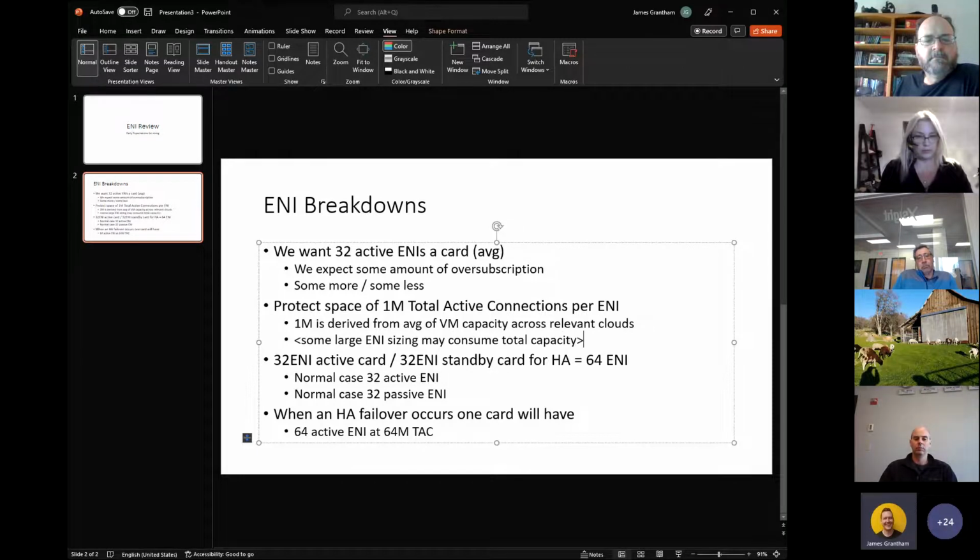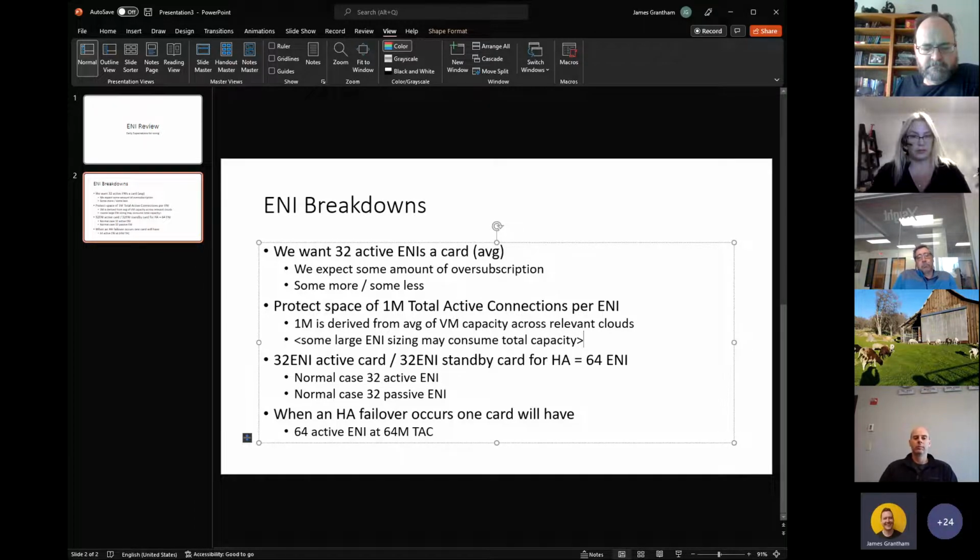So if you want to take 32 or 64 million total active connections and take all of your CPS and make one giant ENI, that's possible.